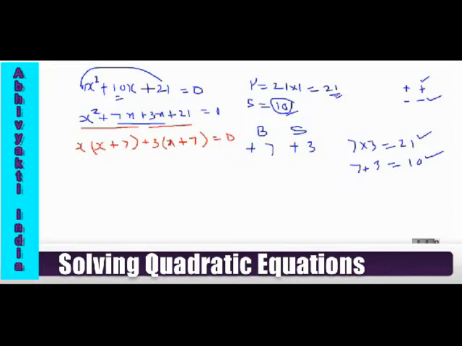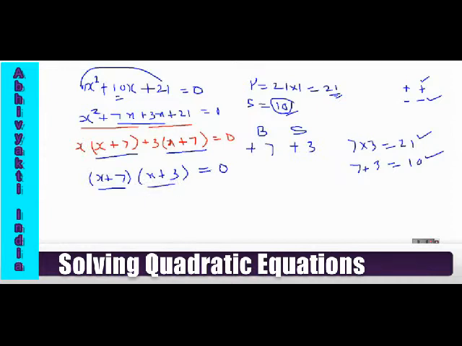Now you see that in these terms x plus 7 is again a common factor, so take it out as a common factor, x plus 7, and inside the bracket what will remain is x plus 3, that is equal to 0. The product of these two brackets is 0 only if either this bracket is 0 or this bracket is 0, correct?